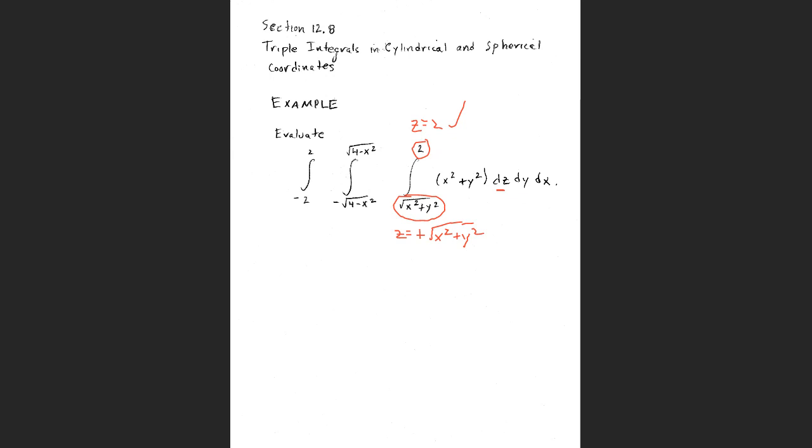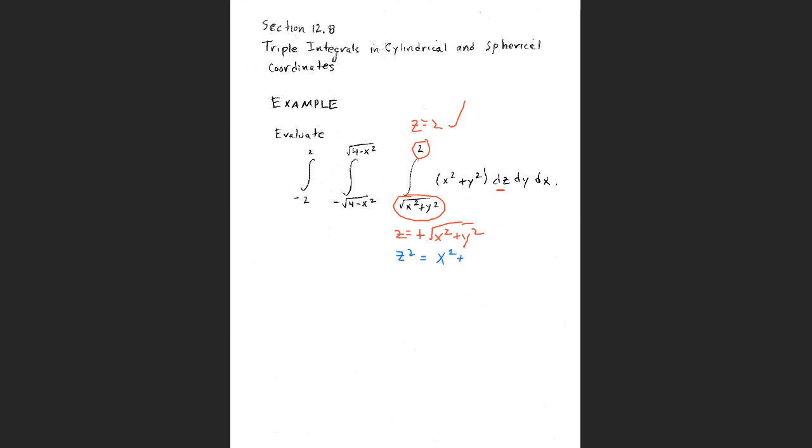What's that an equation of? That's right, John. It would be a cone. And if you don't believe it, just square both sides, and you'll get z squared equals x squared plus y squared.